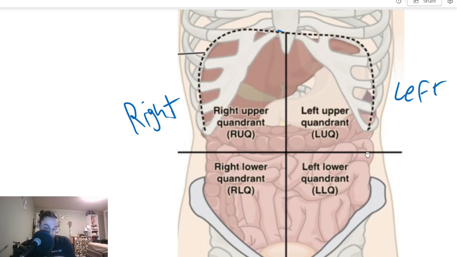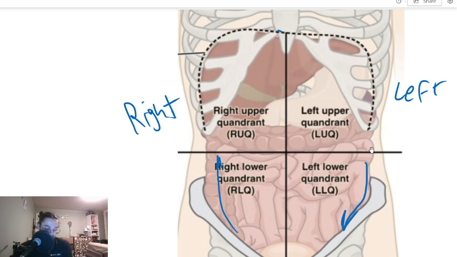Then in the lower right quadrant, sticking with our order here, RLQ, this is going to be where a lot of your digestive stuff happens, right? And again, you've got your pelvic cavity down here, so maybe you have your bladder down there, all that good stuff. You've got your ascending colon right here in your right lower quadrant. In your left lower quadrant, you have your descending colon.